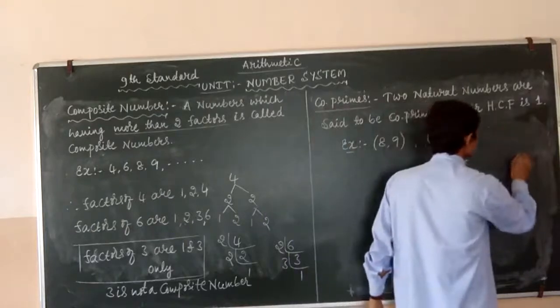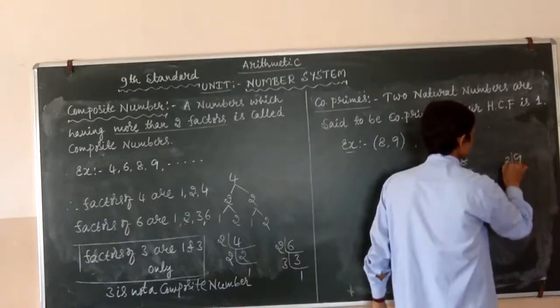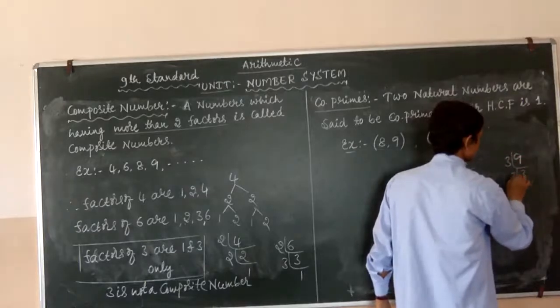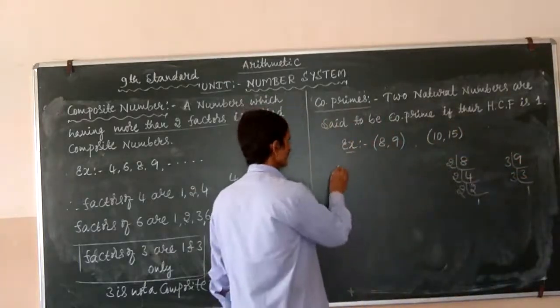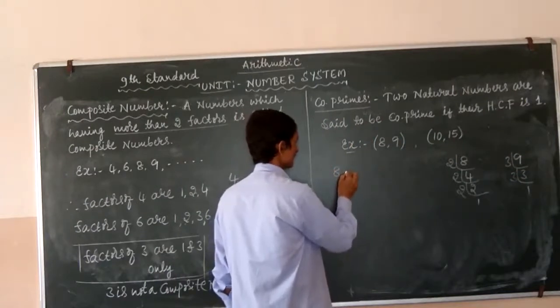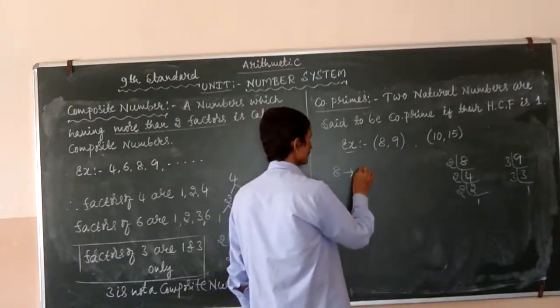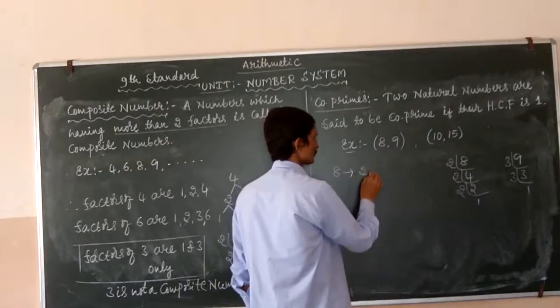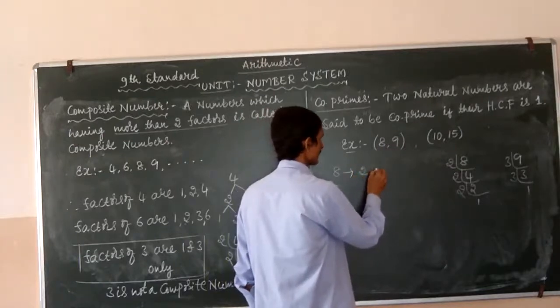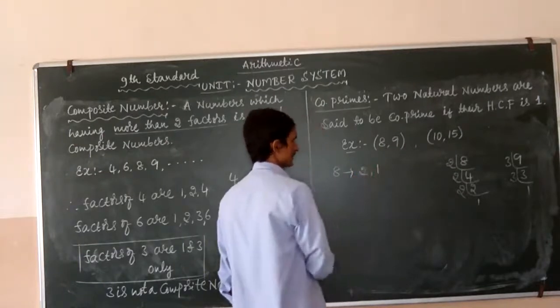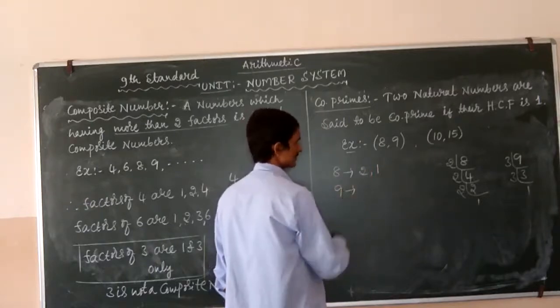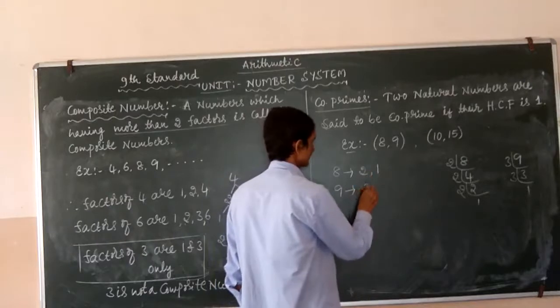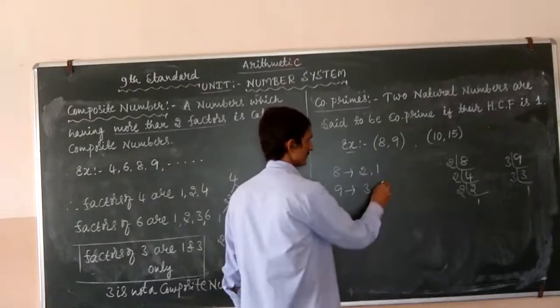If you factorize 9, 3 threes are 9, 9 ones are 9. So the factors of 8 are 2, 4, 1, 8 and the factors of 9 are 3 and 1.